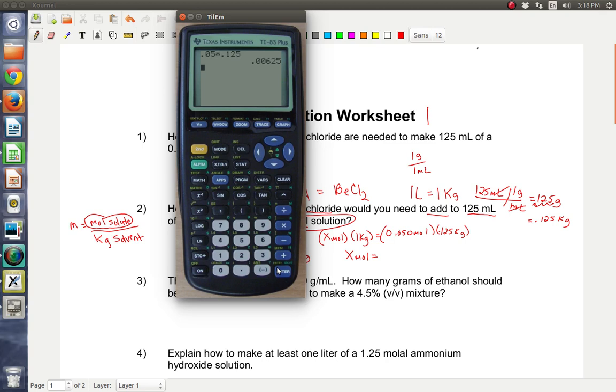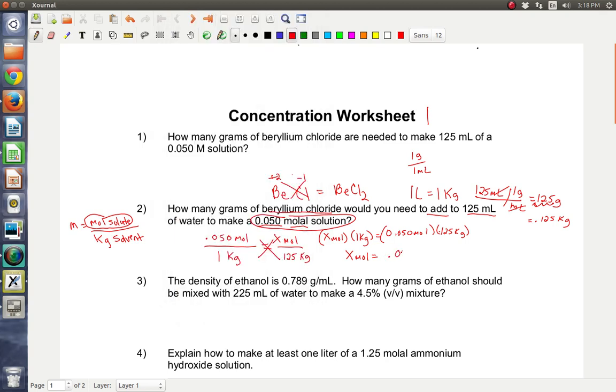So there's the number of moles that I would have, 0.00625. Now, there are 2 significant figures here, so I'm going to go ahead and change that to 0.0063 moles of beryllium chloride.